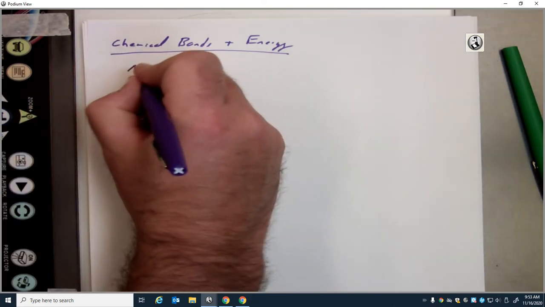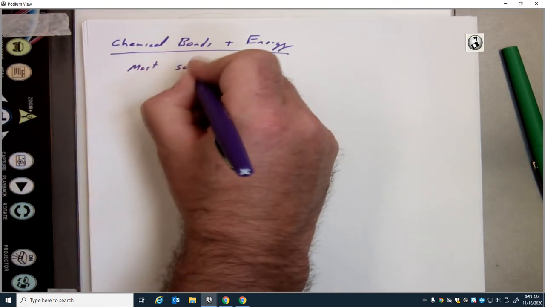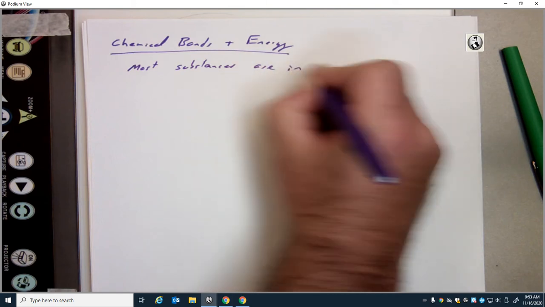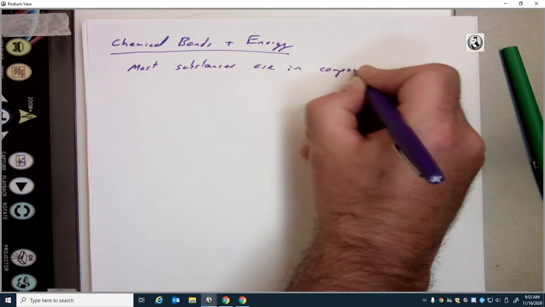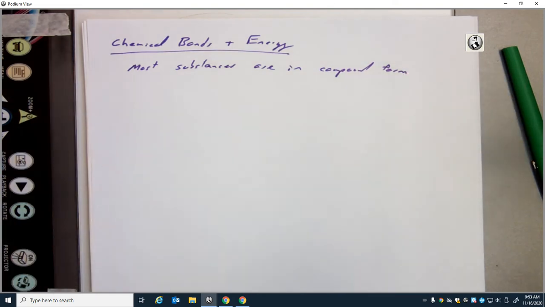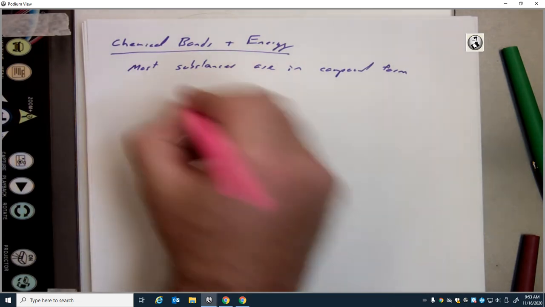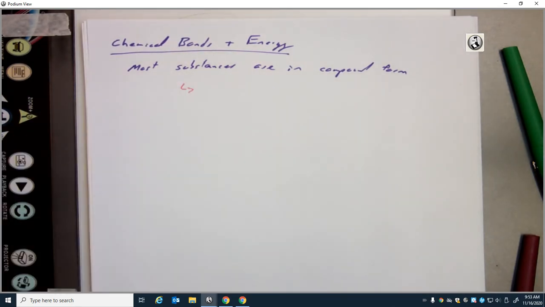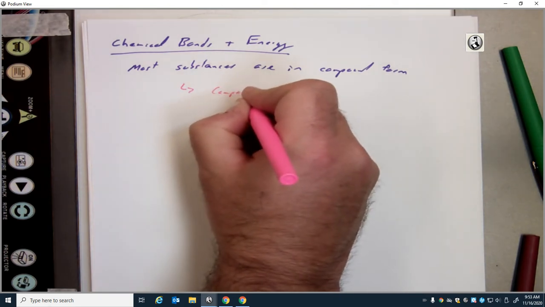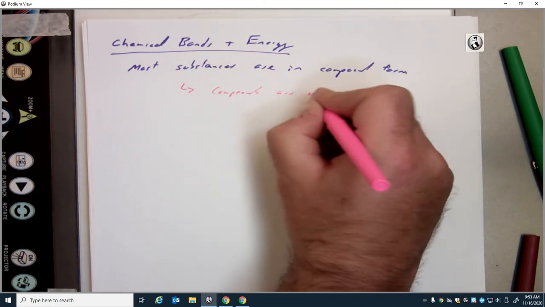So most substances are in compound form. Well, what that's really telling us then is that compounds are very stable.